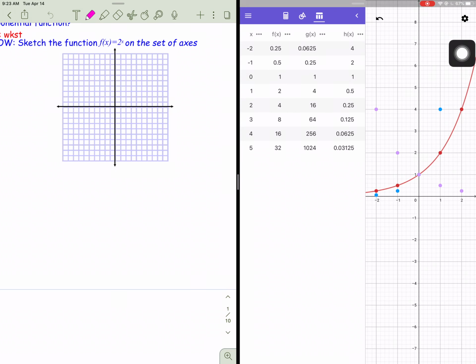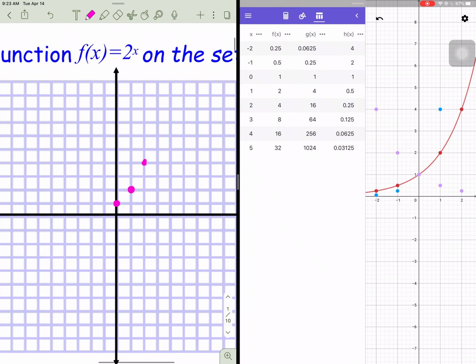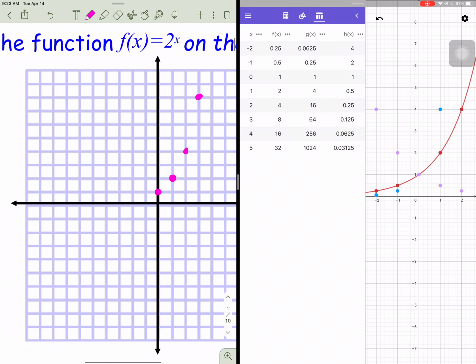So we get 0, 1, 1, 2, 2, 4, 3, 8. And then as you go left, it's divided by 2, so it's negative 1, 0.5, negative 2, 0.25, and it's just going to be like this. So when we sketch this, just make sure you don't go underneath it, and that's fine.